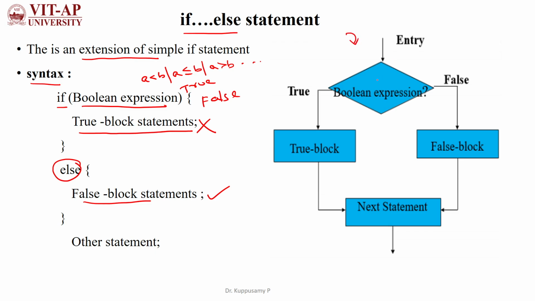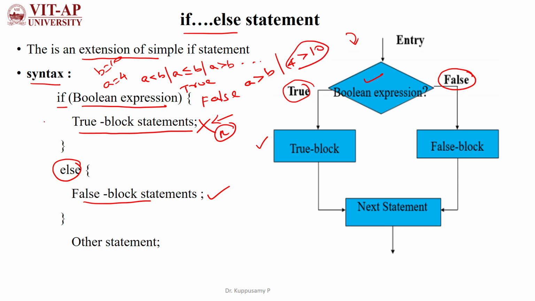Here the boolean expression is given. If it returns true, then the true block will execute. The true block can have any number of statements: a single statement, two statements, or ten statements. If the boolean expression becomes false, for example here a is 4 and b is 10, and we are giving a greater than b, which becomes 4 greater than 10, so it is false.